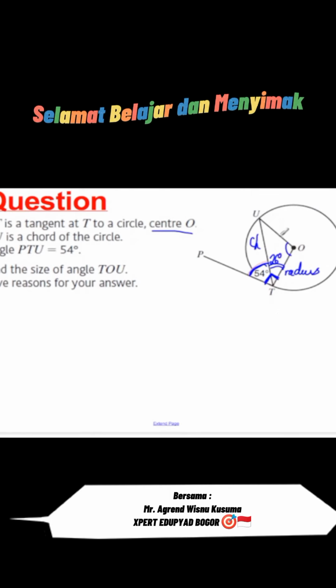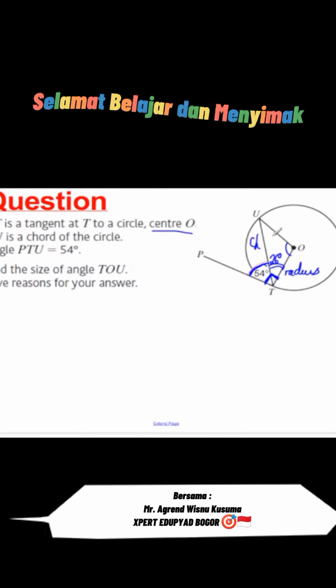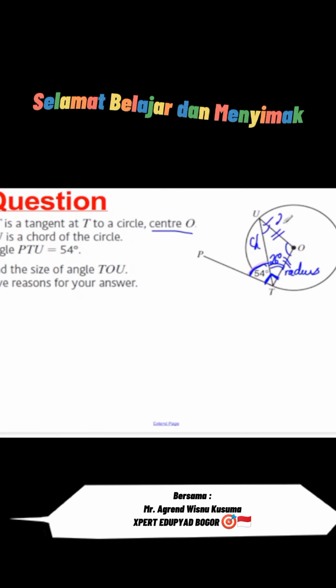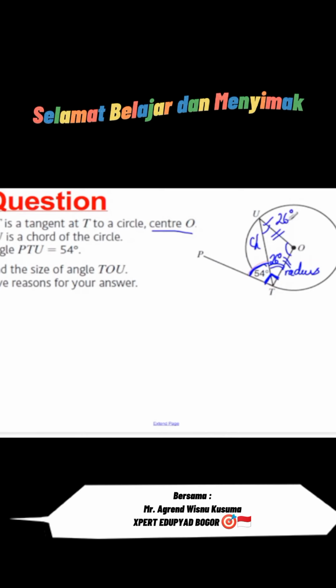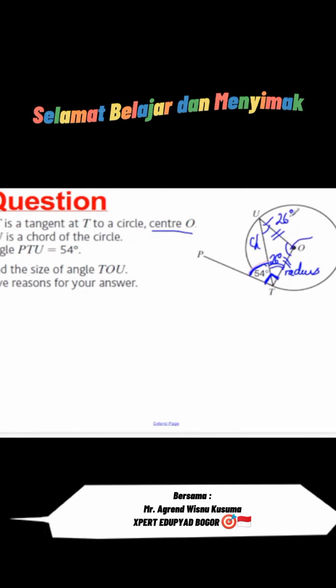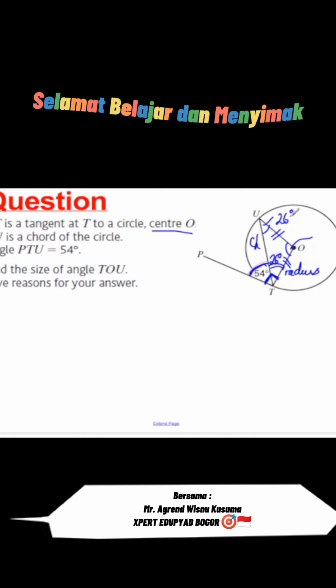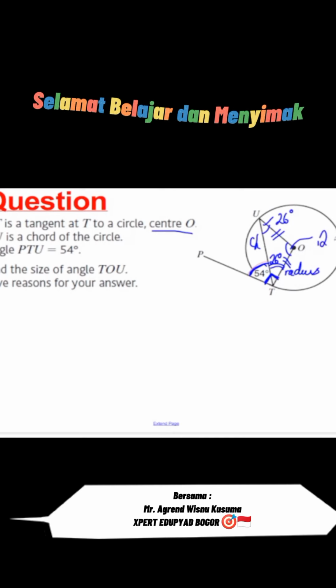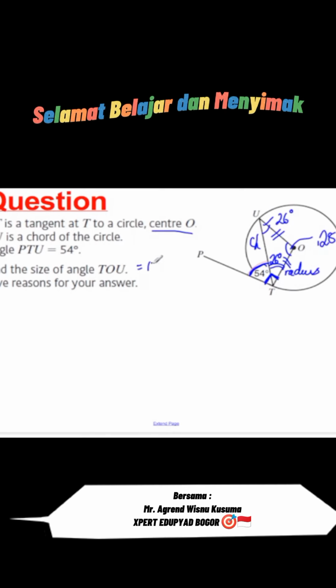Now this is a triangle made of two radiuses, so it's an isosceles triangle, so this one also must be 26 degrees. And then to get the angle at O, you do 180 minus 26 minus 26, and you get 128 degrees. So this one here is 128 degrees.